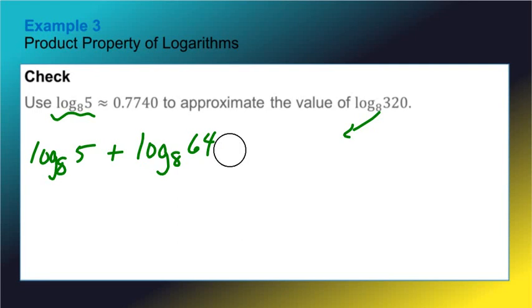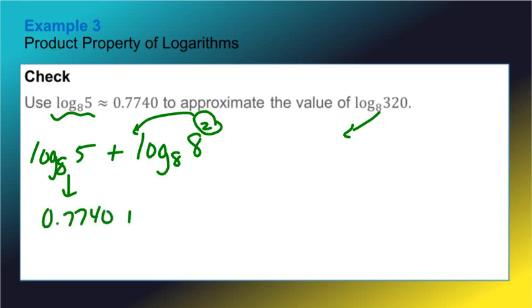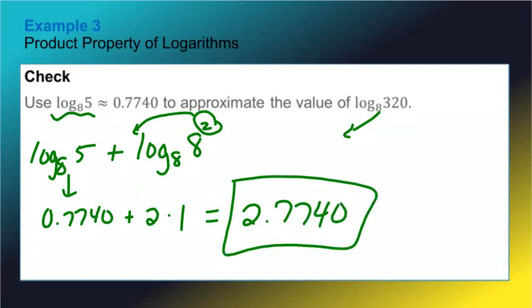And 64 can be rewritten as 8 squared. And now I can put this 2 out in front, and now I can write the estimated parts. So log base 8 of 5 is 0.7740 plus 2 times log base 8 of 8 is 1. So this will give us an answer of 2.7740.